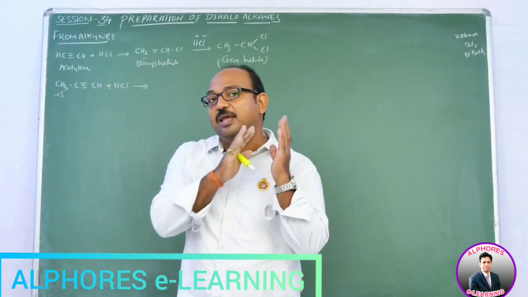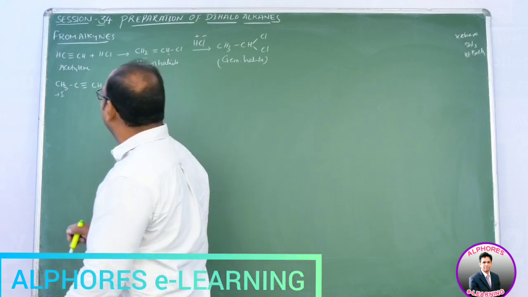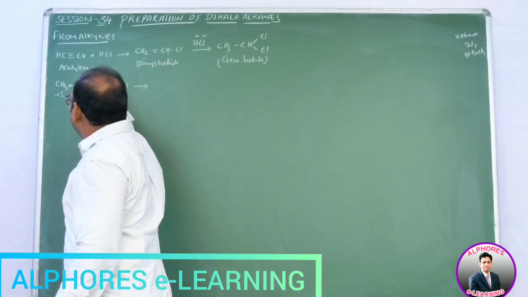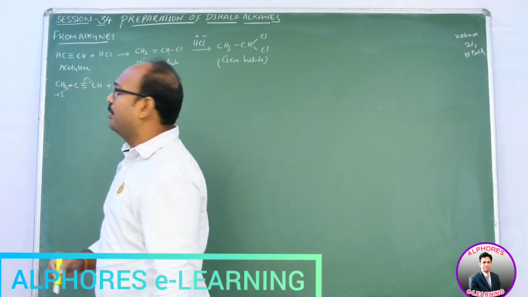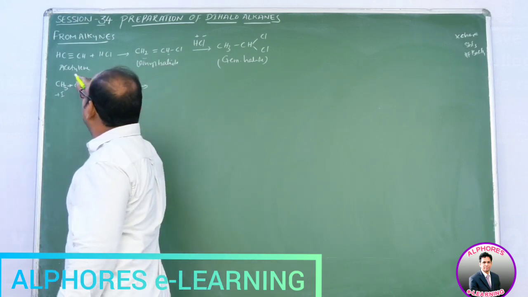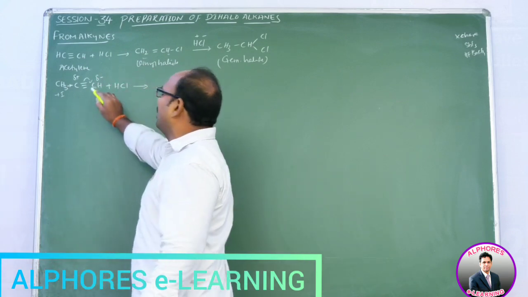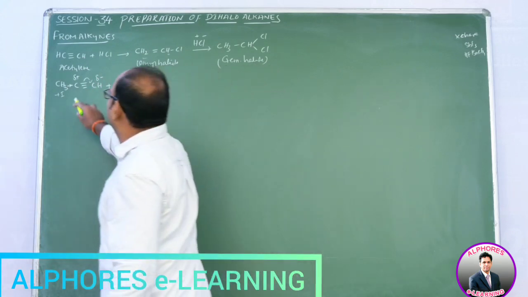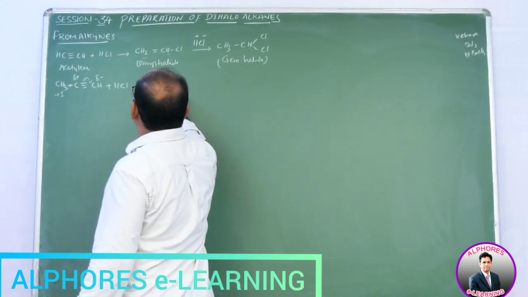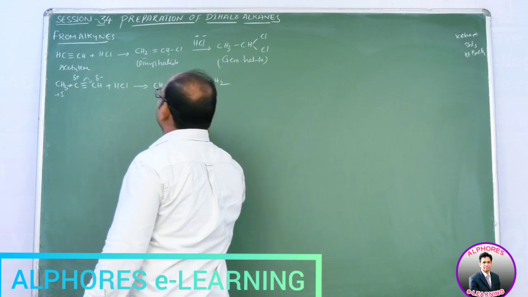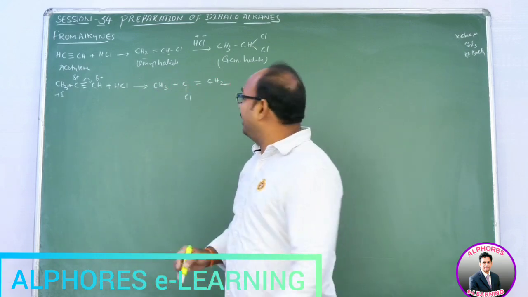Plus I group means electron releasing or electron repelling group. Since it is an electron releasing group, the pi electrons are shifted towards this carbon. Ultimately, this carbon acquires negative charge and this carbon acquires positive charge. So H plus has to come to this carbon and Cl minus will go here. Now we get CH3-CCl=CH2.